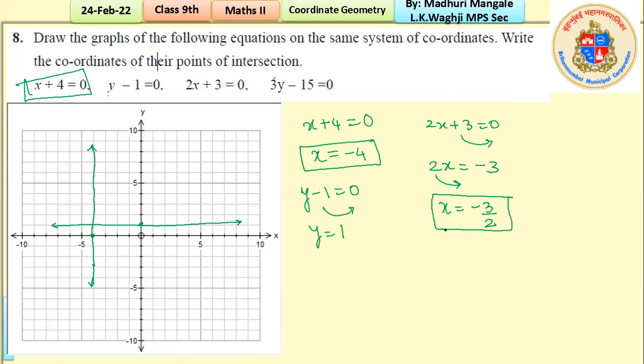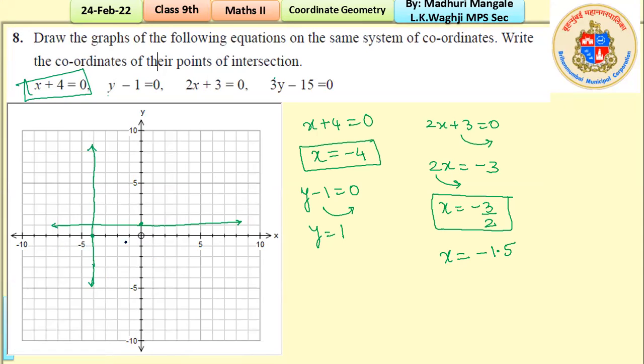Now the easiest way to do this is just get the fraction to decimals. This will be -1.5. 3 divided by 2, that is 1.5, and the negative sign. It means that the line will be passing through -1.5. So check where is -1.5 on the x-axis.